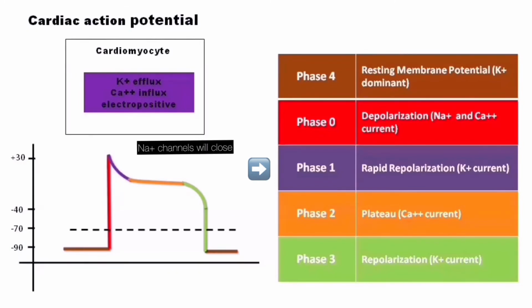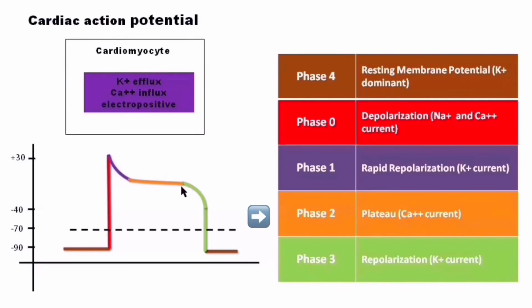In this stage, the sodium channels which were previously open will close, but the calcium channels will remain open. But the efflux of potassium is more dominant and much faster than the influx of calcium, hence causing a reduction in electropositivity of the cell. In our graph, this segment represents this, which can otherwise be called rapid repolarization.